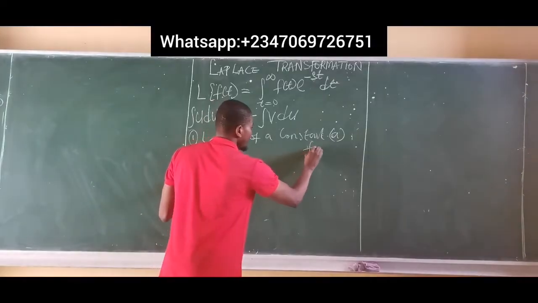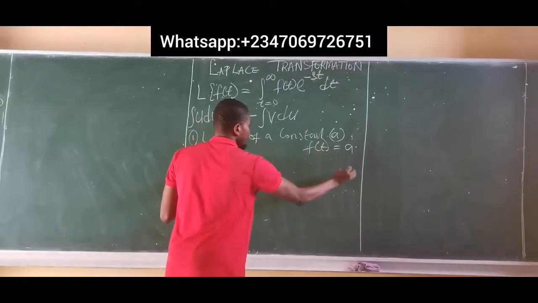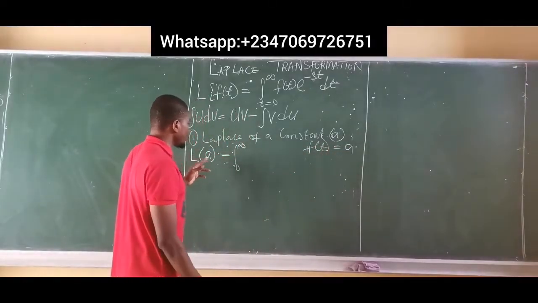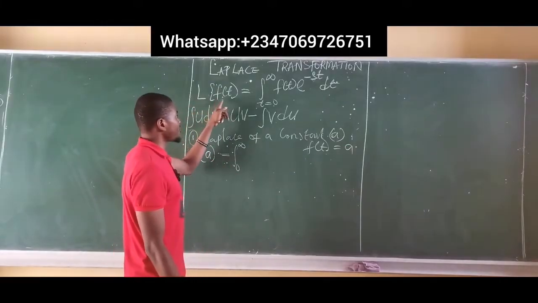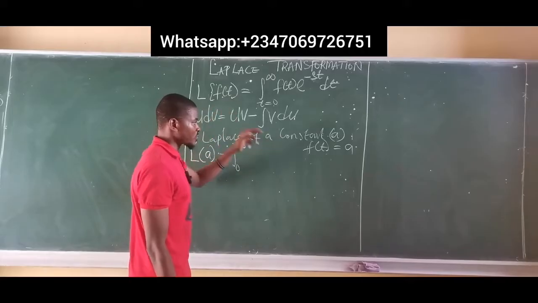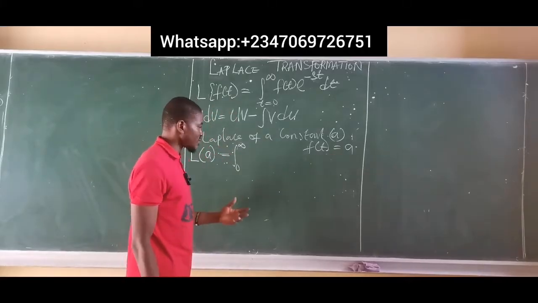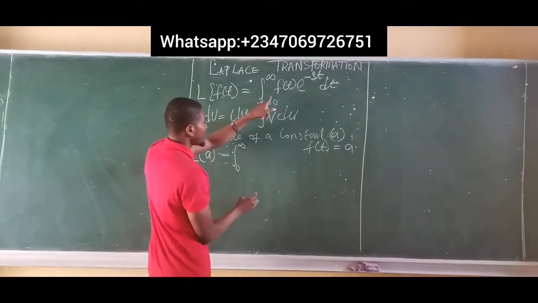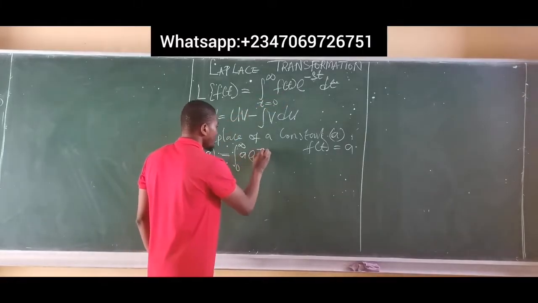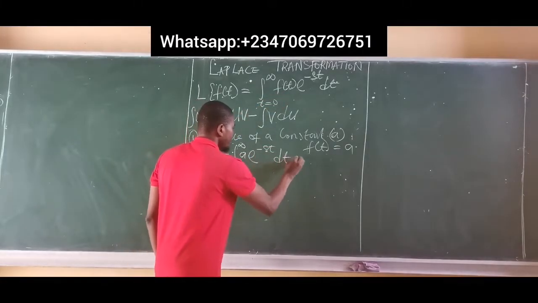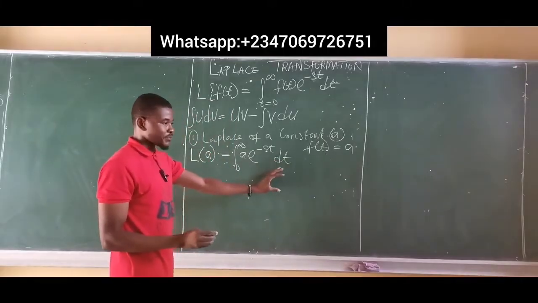This simply means f of t, the function itself, is equal to a. Therefore, this is now equal to, in place of f of t from the formula, you attach a times exponential minus st times dt. This is the notation.